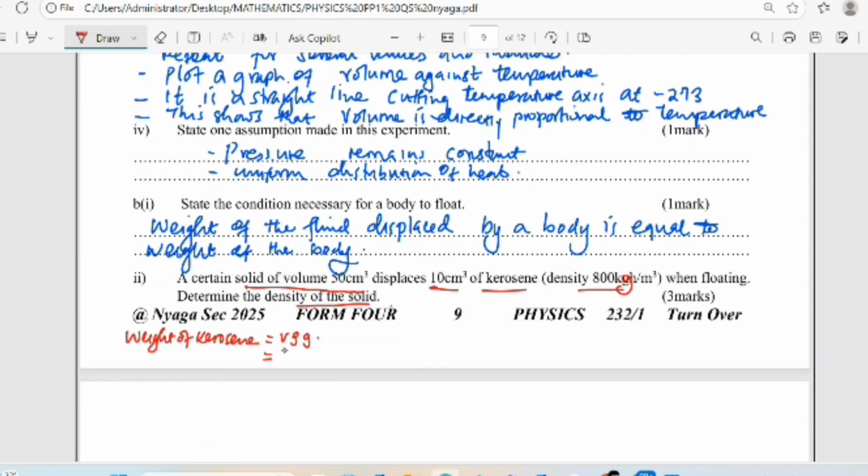So it's like saying 10 times 10 raised to power negative 6, times 800, times g of 10. This will give us 0.08 newtons, like that.